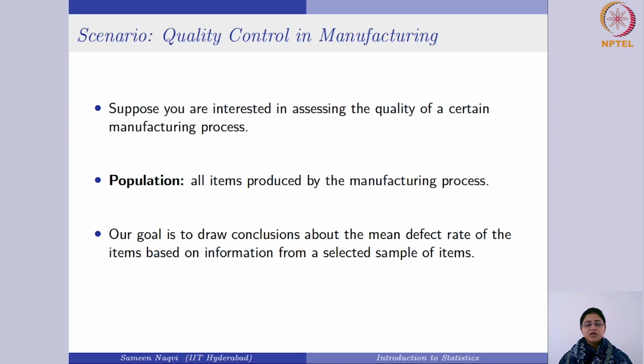Instead of that, you can collect a sample from it, a representative sample out of that population, and then draw conclusions about the mean defect rate based upon that sample. Now, once you have the sample, you can answer this question in three different ways.